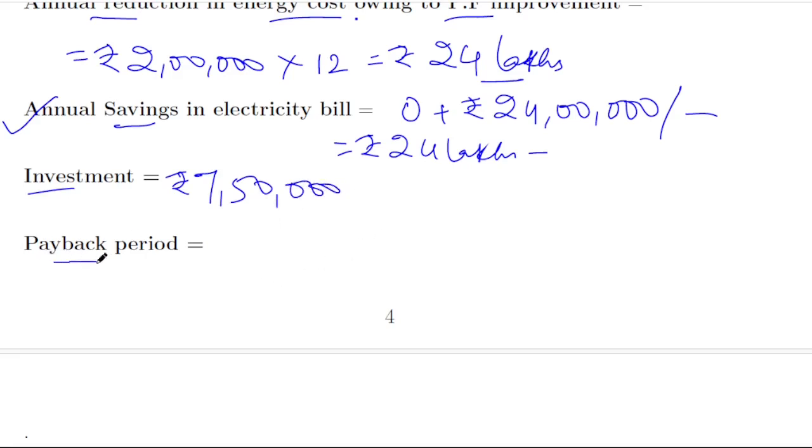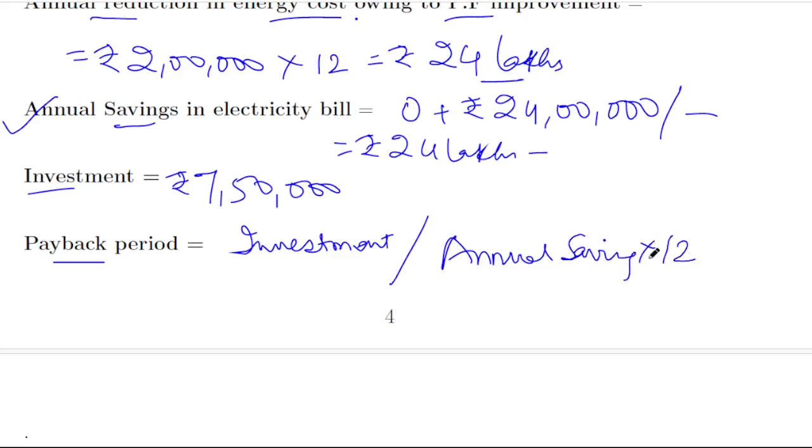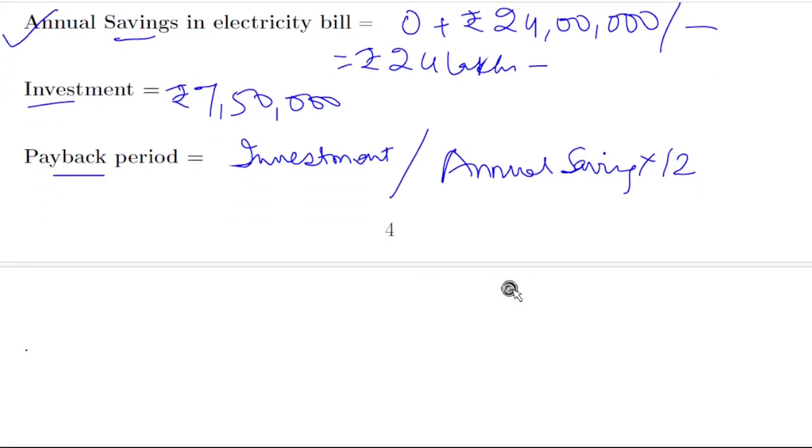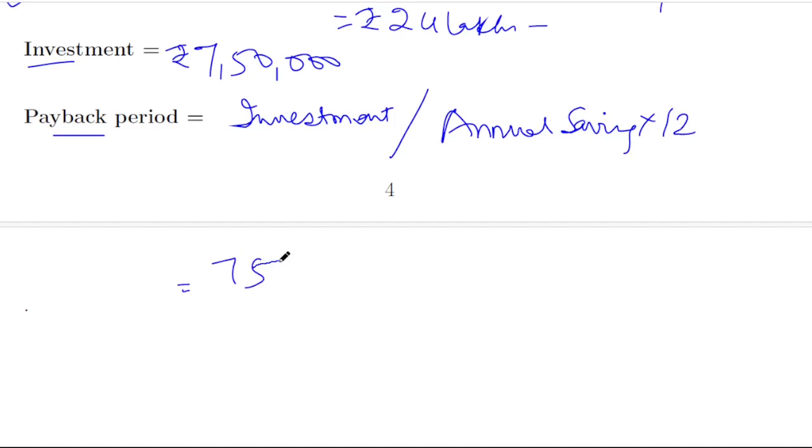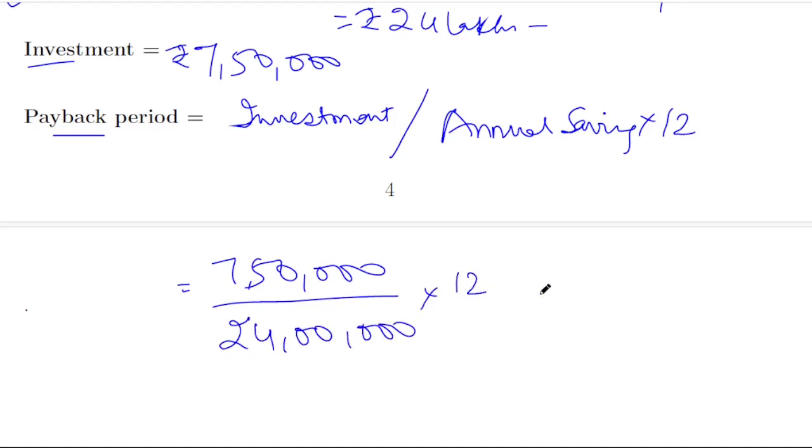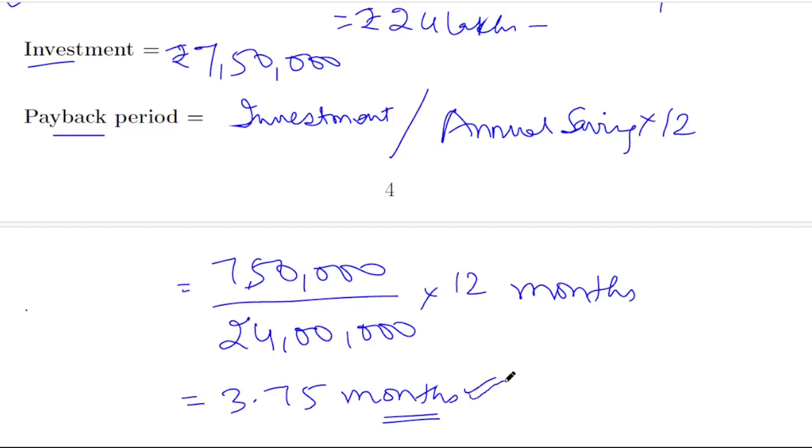So to find out the payback period, we have to divide the investment by the annual saving multiplied by 12 to find out the number of months, which is equal to 7 lakhs 50,000 divided by 24 lakhs multiplied by 12 months, that is equal to 3.75 months. So the payback period is 3.75 months.